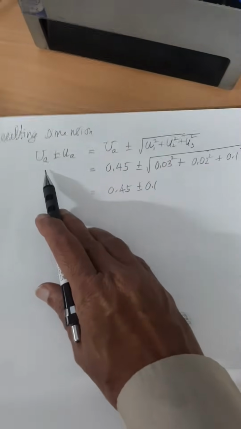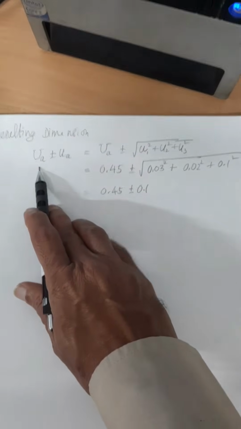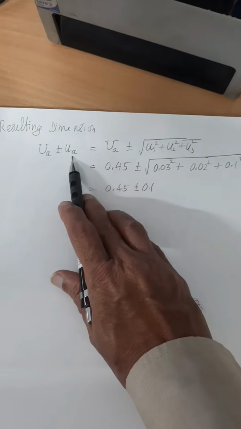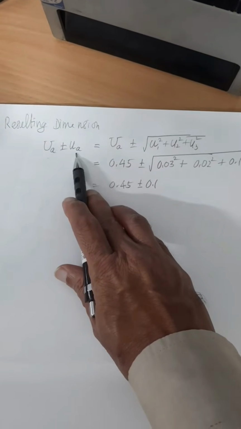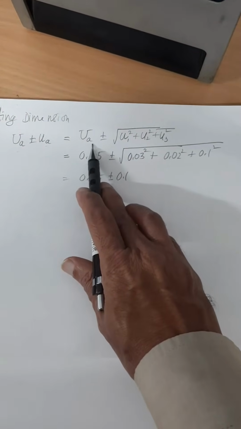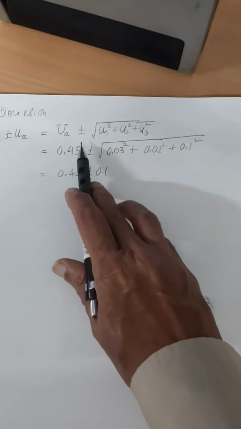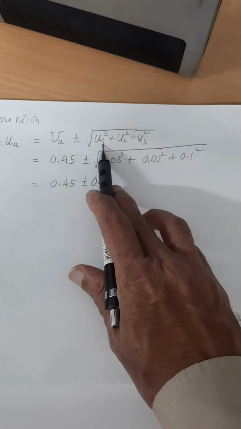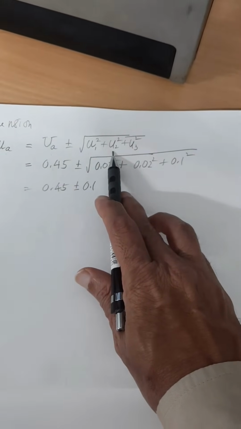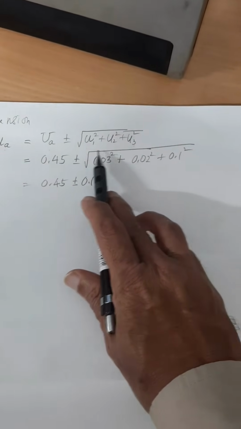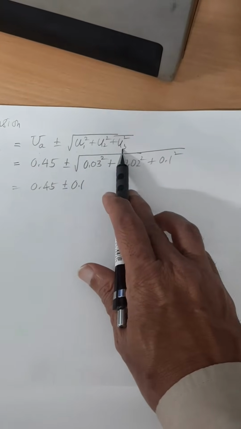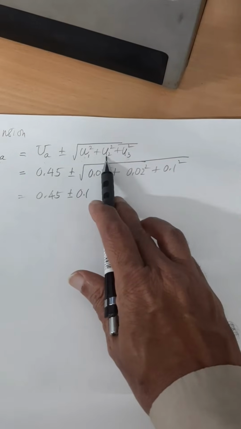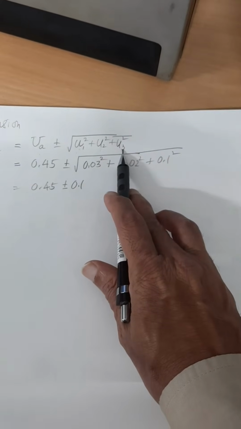UA is the mean value of the resulting dimension, plus or minus small ua is the variation about the mean dimension, found as UA plus or minus square root of u1 squared plus u2 squared plus u3 squared, where u1, u2, u3 are the tolerances of dimension number 1, dimension number 2, dimension number 3.